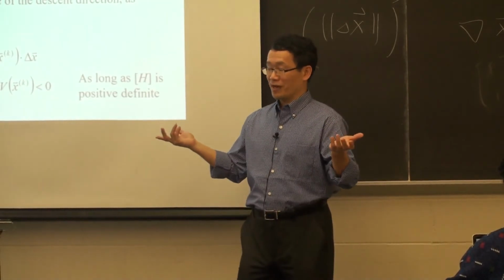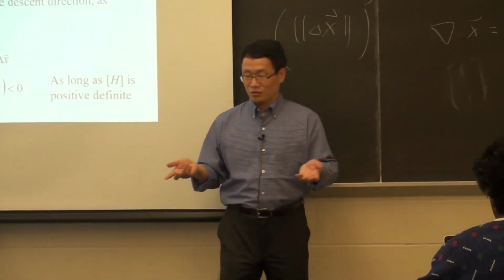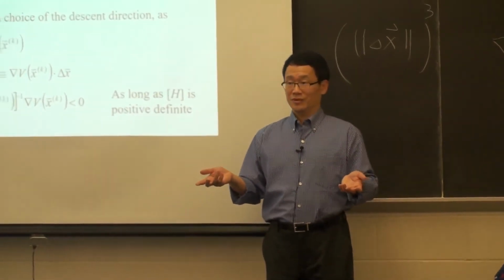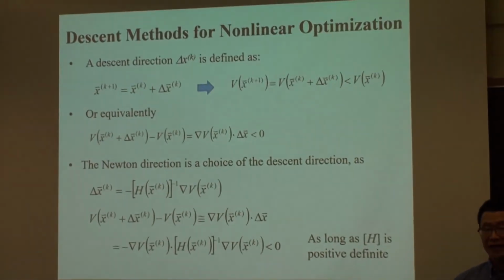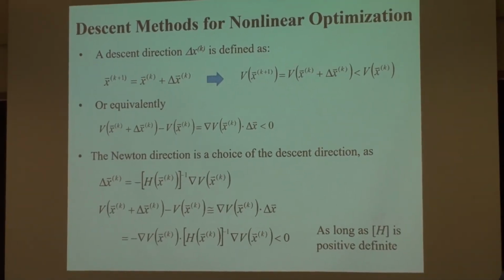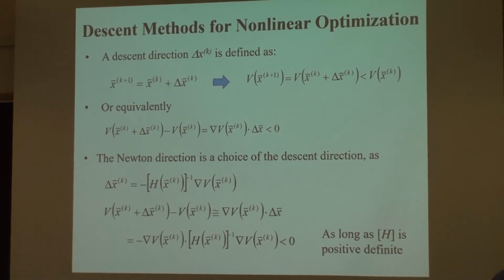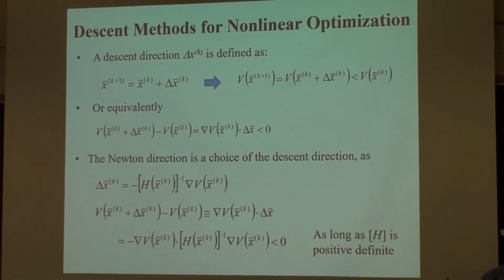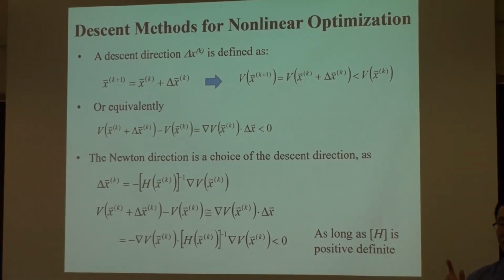I'm willing to sacrifice the quadratic convergence. I just want to find a direction that is making improvement, and I'm going to correct my independent variables that way. If I just find the descent direction, I'm happy.